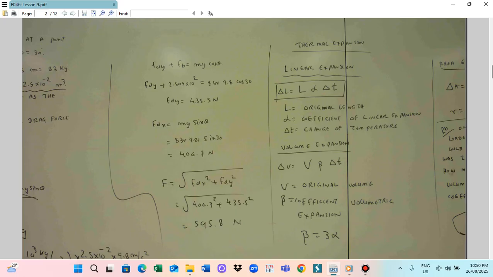So linear expansion is delta L equal to L alpha into delta T. So L is the original length, alpha is the coefficient of linear expansion, and delta T is the change of the temperature.